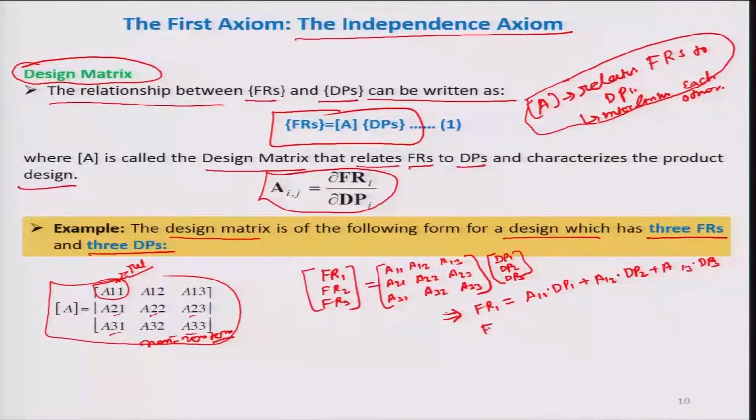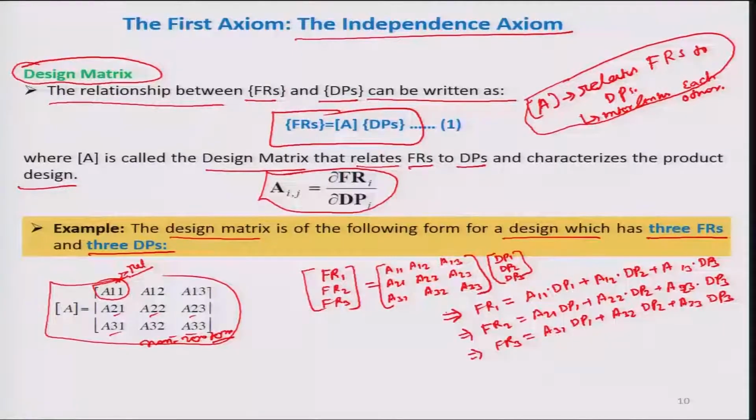Similarly, you can write FR2 is equal to A21 DP1 plus A22 into DP2 plus A23 into DP3, and again for the third functional requirement, A31 DP1 plus A32 DP2 plus A33 DP3. So here you can see that there is a relationship between functional requirements and designing parameters with the help of this design matrix.